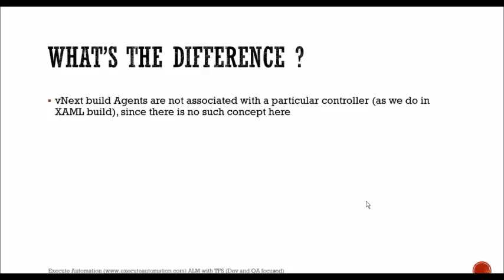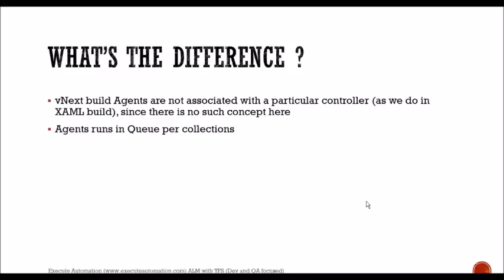Whereas in your previous XAML build definitions, you had build agent and controller relationships, and if a particular build agent was associated with a controller, then that agent could not be used with any other build controllers in your team system. The agents also run in a queue per collection.